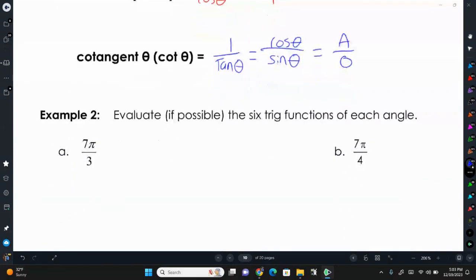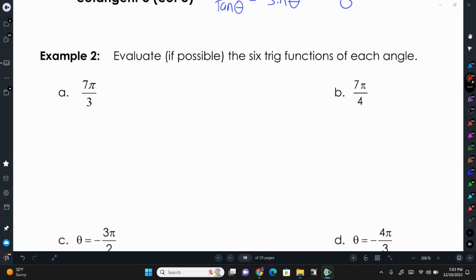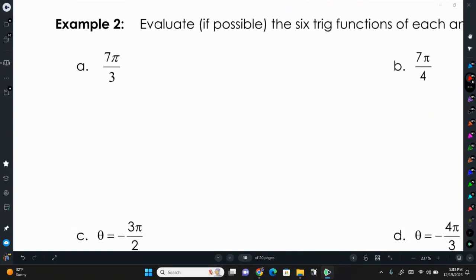So in this example, we're going to evaluate, if possible, the 6 trig functions of each angle. So 7 pi over 3. 7 pi over 3 belongs to the pi over 3 family. So the sine of 7 pi over 3, the cosine of 7 pi over 3, and the tangent of 7 pi over 3.